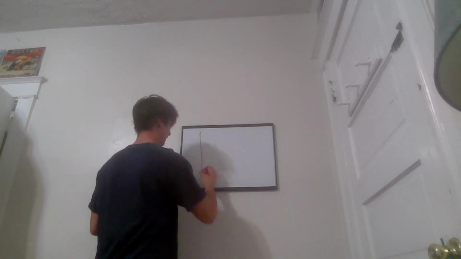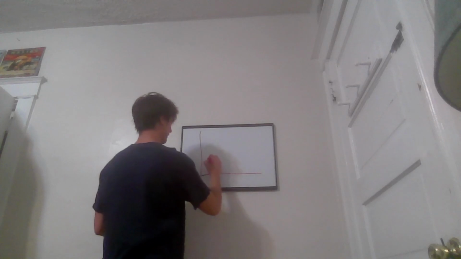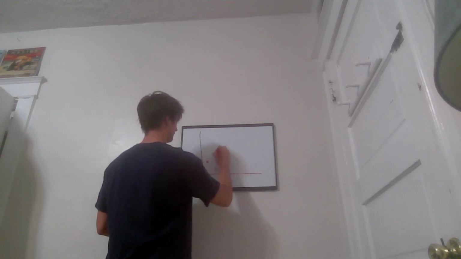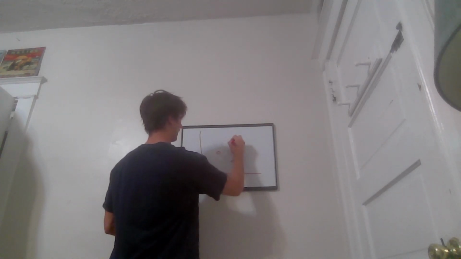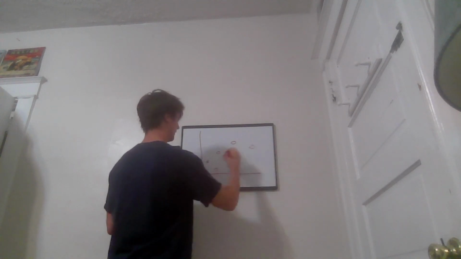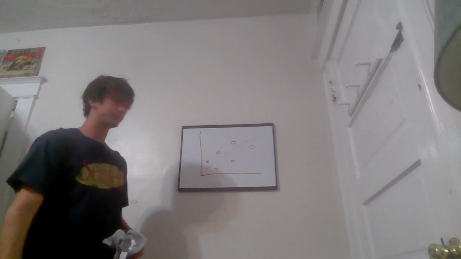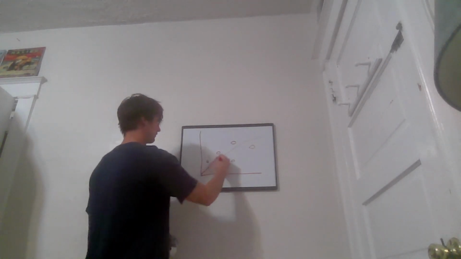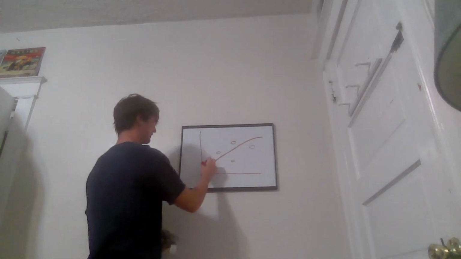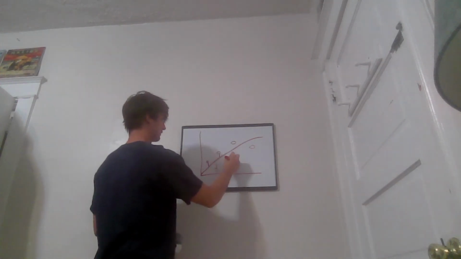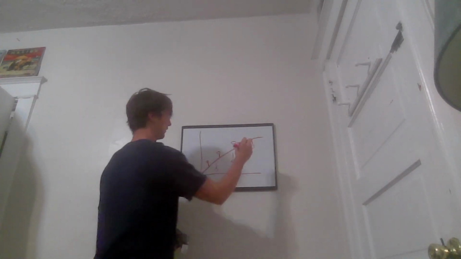So what we're doing here is we have our graph, a lot of different points on the scatter plot, right? And we've drawn a line through the middle. What we want to do is get each of these points closer to the line.